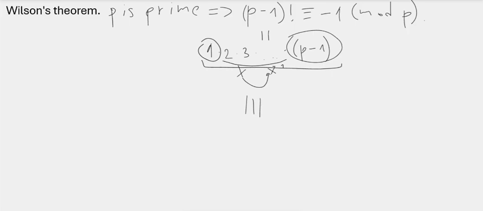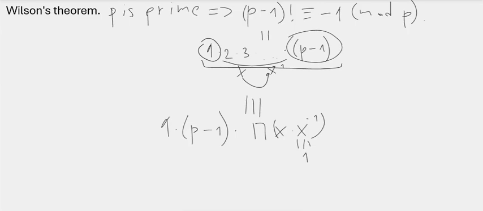First we rewrite the special numbers 1 and p minus 1, two special numbers. Then for the rest, p minus 3 numbers, they are divided into pairs of x and x to the power minus 1, such a product, and in each pair this product would be equal to 1.